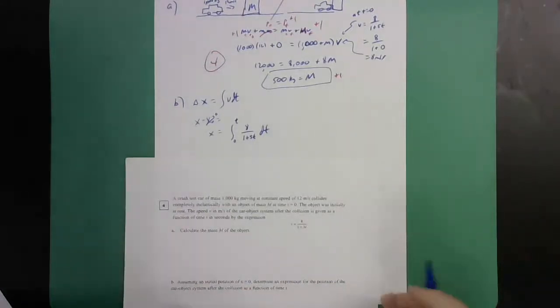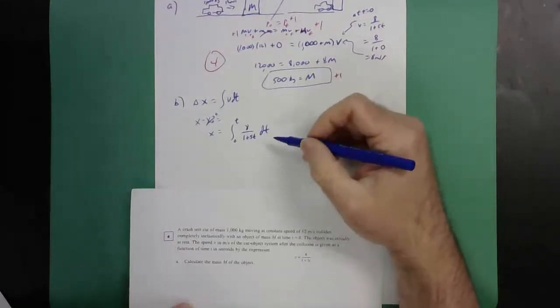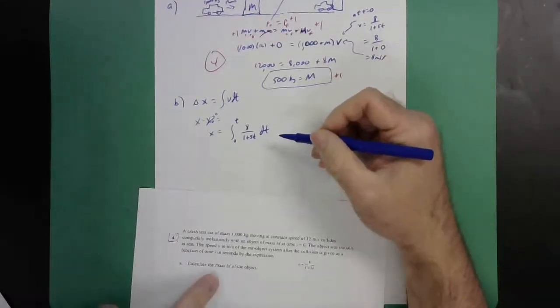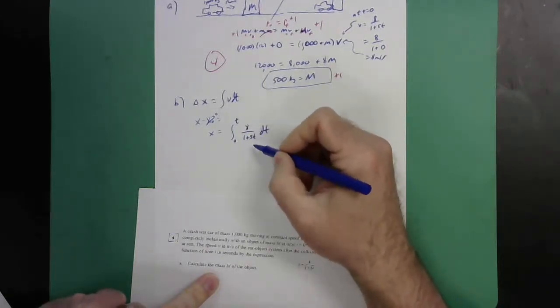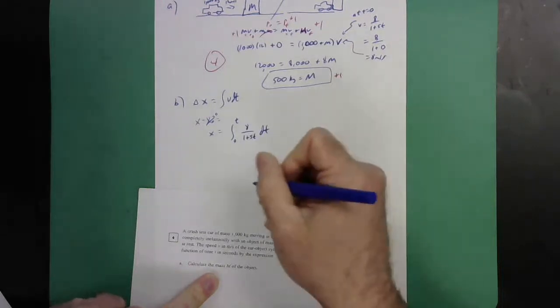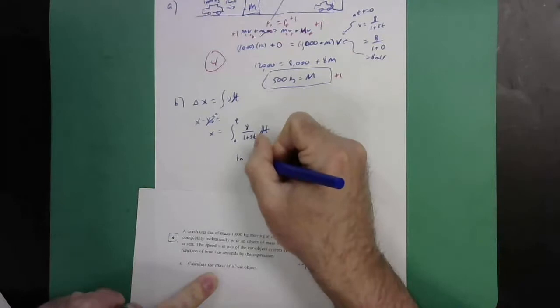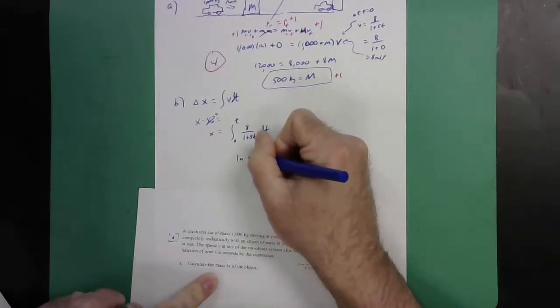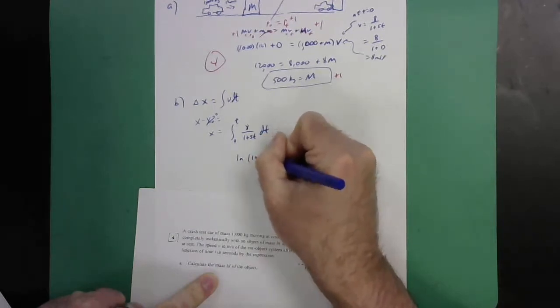So I just have to do this integral. For most of you who've seen this in your calculus class already, when I have the variable in the bottom, I should be thinking about natural logs. So this would be the natural log of that denominator, or absolute value, that 1 plus 5t.